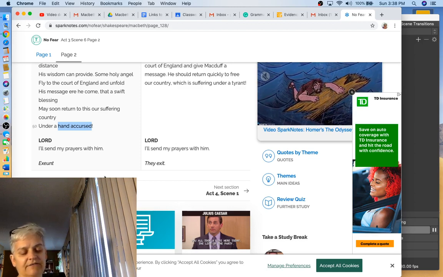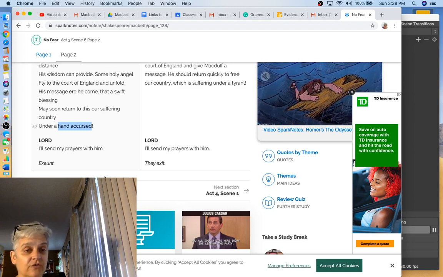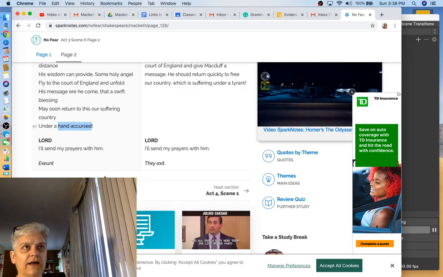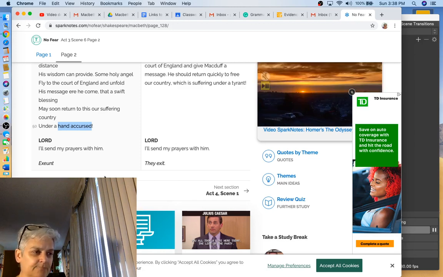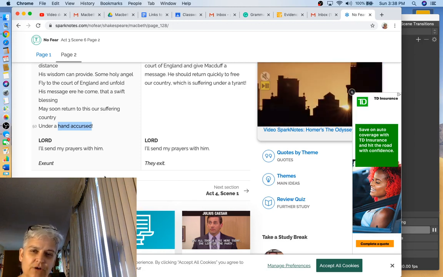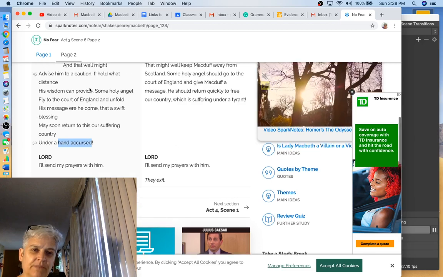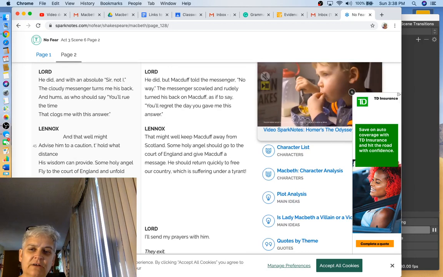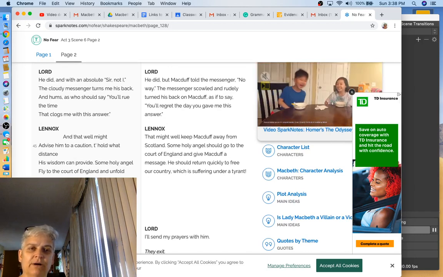And we'll learn in Act 5 that old Siward is in fact Duncan's brother, so there's a filial obligation as well. But what's critical, I think, with this scene is the way in which people now talk about Macbeth.